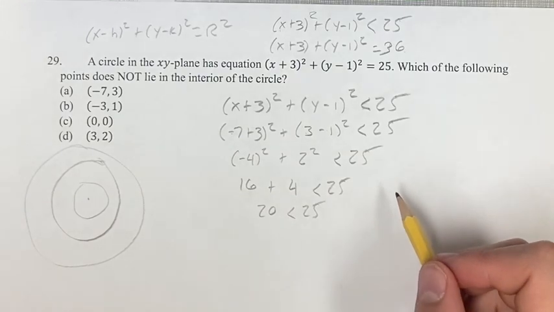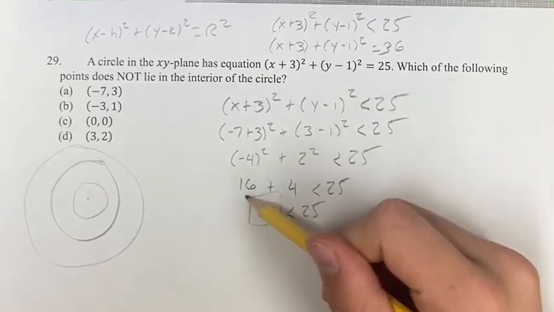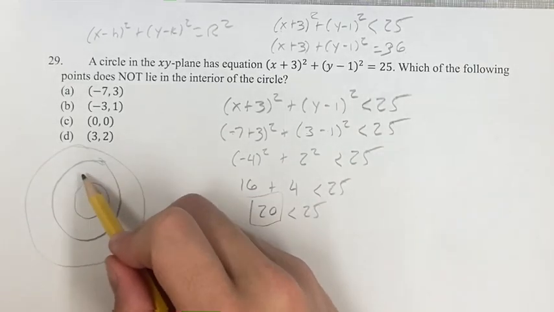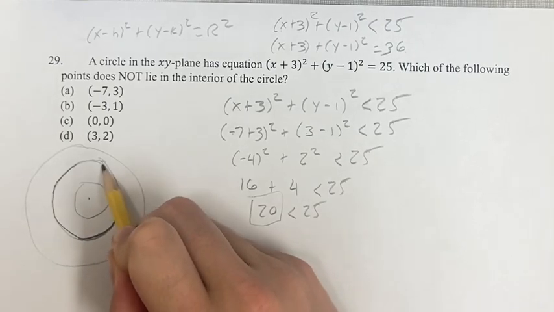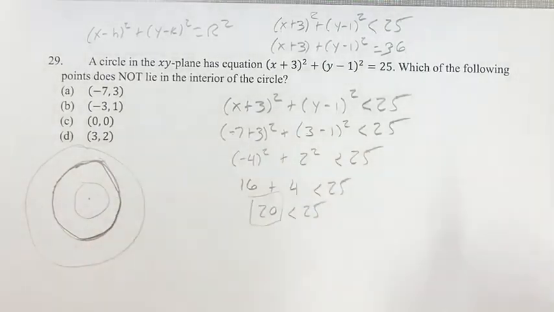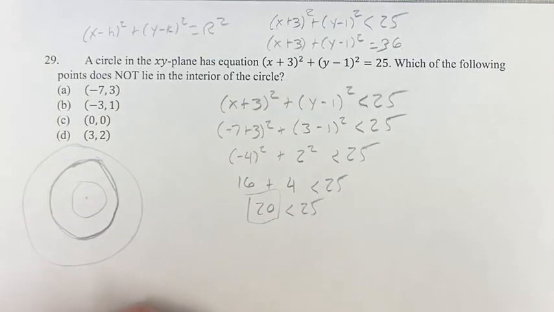So (x + 3)² + (y − 1)² in this case is equal to 20, which means it's some circle inside the actual circle. I'll make the actual circle a little bit darker so you get the point. This is some circle smaller than it.